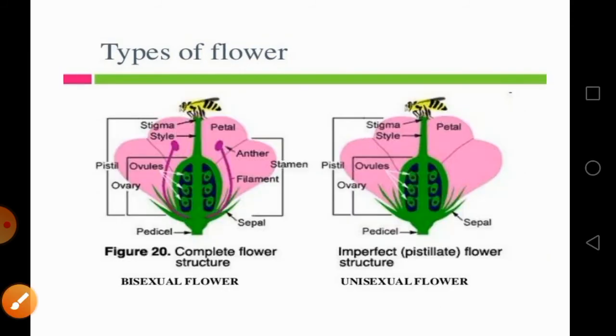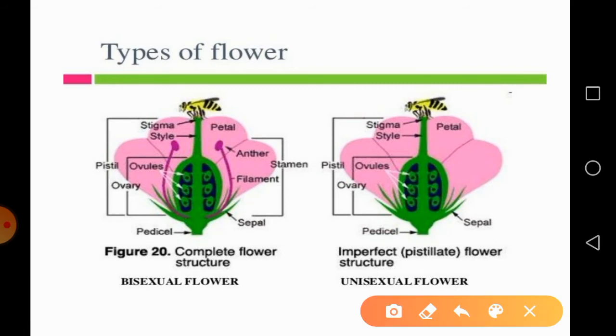Okay. The next, bisexual flower and unisexual flower. On the basis of sexuality, your flower is divided into two types, that is bisexual flower and unisexual flower. If your flower has both sexual parts, the parts required for reproduction, that is androecium and gynoecium, okay, you can see here in the first flower we have androecium and gynoecium.